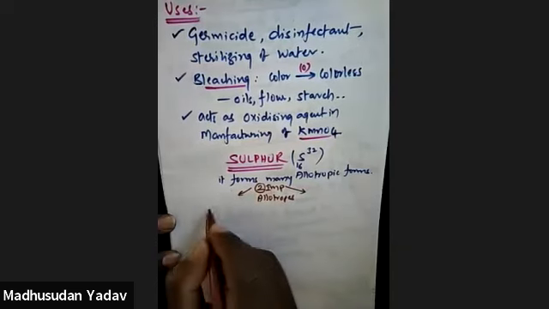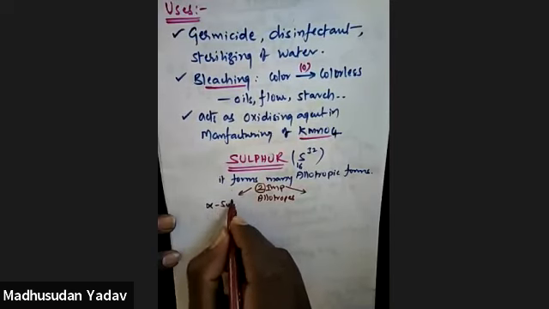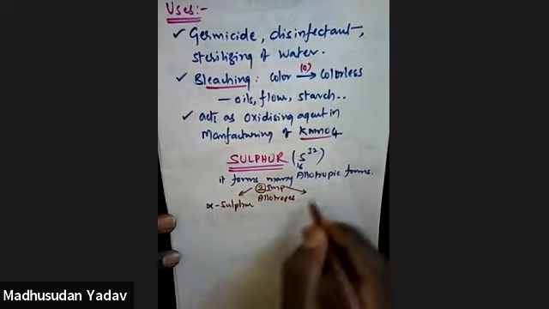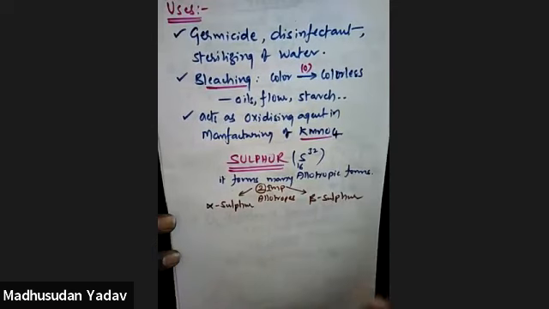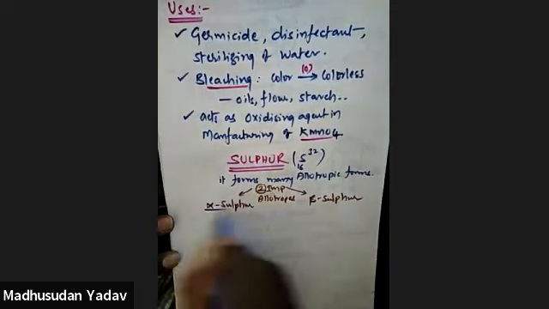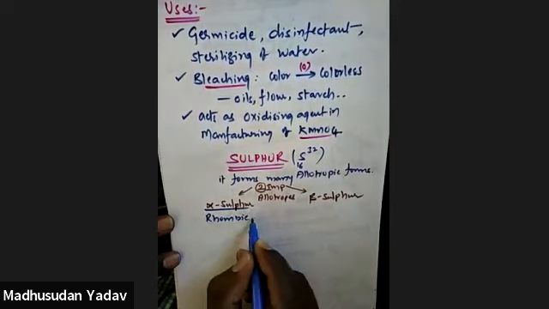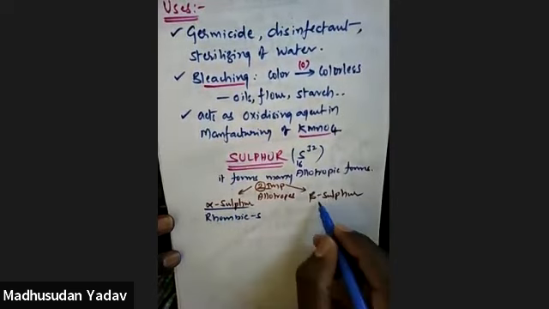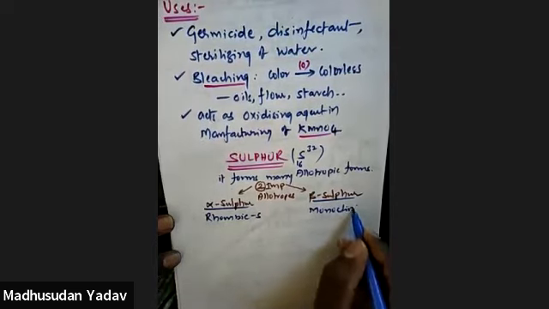The first one is alpha sulfur and the second one is beta sulfur. Alpha sulfur is also called rhombic sulfur. Beta sulfur is also called monoclinic sulfur.